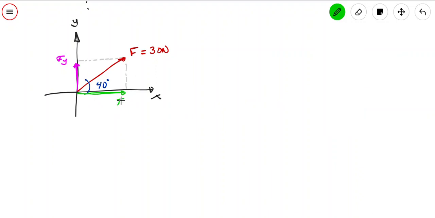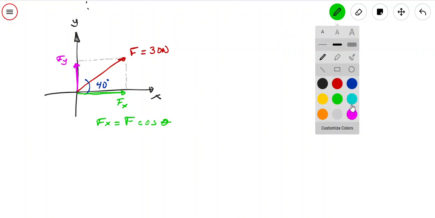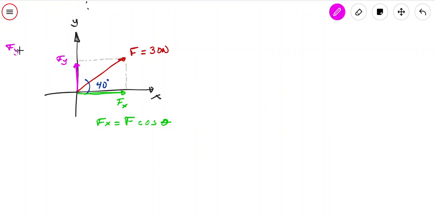So since Fx is adjacent side to the angle of 40 degrees, I can say that Fx is F cosine of the angle theta. And I can say here that Fy is, since this side is opposite to the angle of 40 degrees, Fy is F sine of the angle theta.